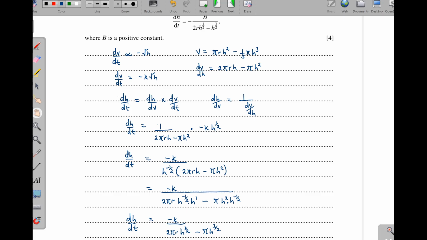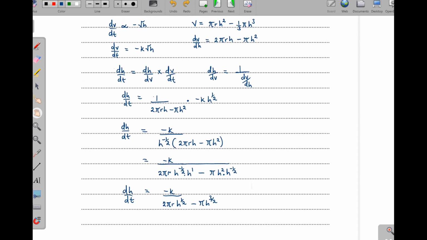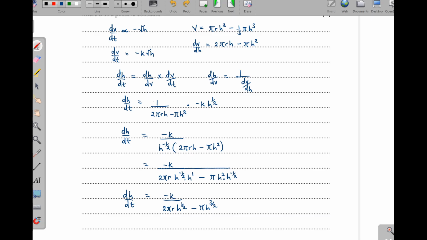Now, they are talking about that b there. But you can see that in here there is no pi. So I can have this one like this, negative k out of, pull out the pi, then you have 2r h power half minus h power 3 over 2.